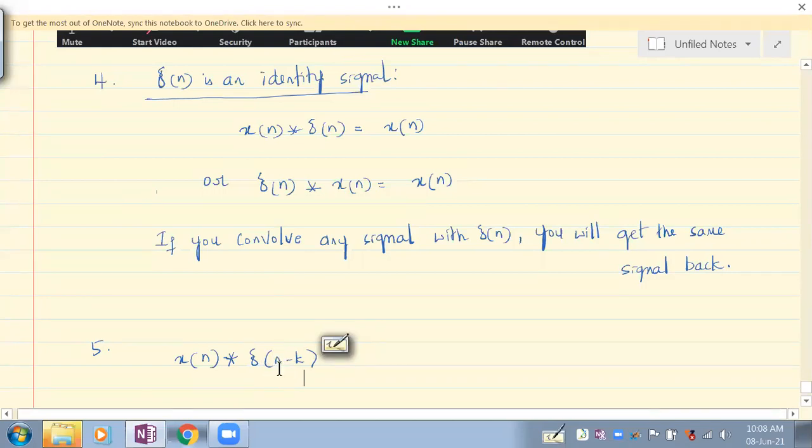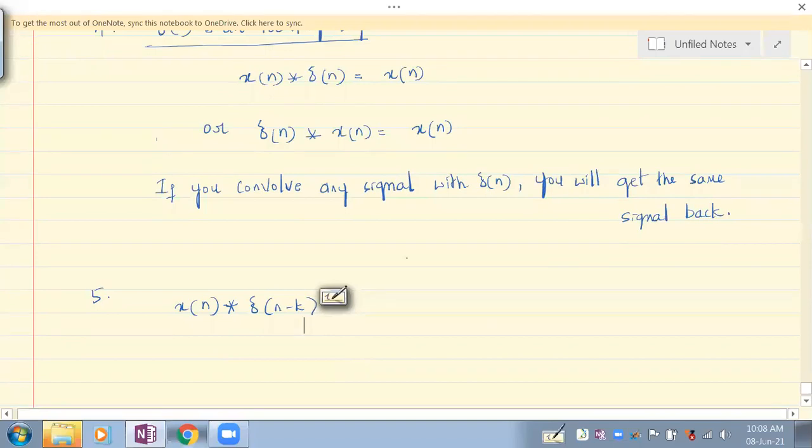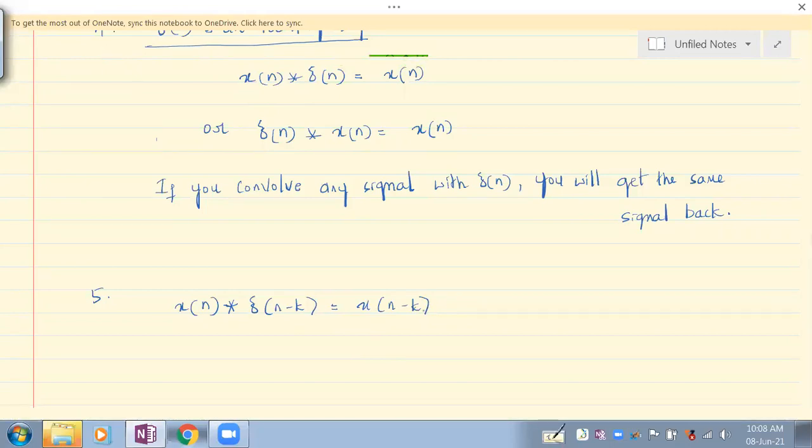The shifted delta of n is sometimes called delayed delta of n. So if you convolve the signal with the delayed impulse function, then the signal will also get delayed. This is because the system is time invariant. Understand that?